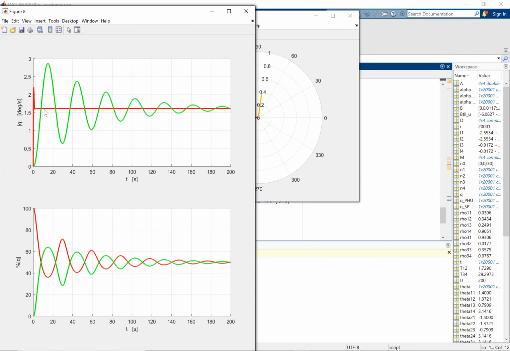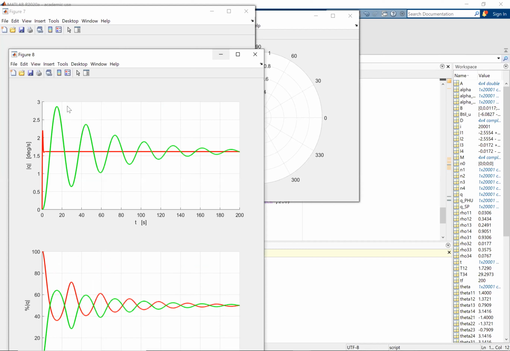Here's figure 8 for Q. So you see once again that it's pronounced. The contribution of the short period mode is just in the very beginning, and then it gets to a constant, whereas the contribution of the phugoid, you see it oscillates because that's what the phugoid mode does.